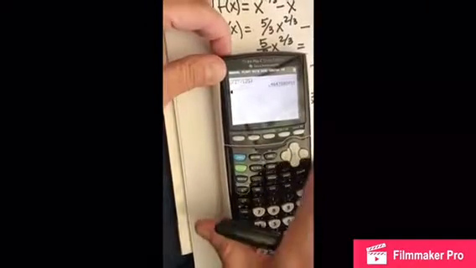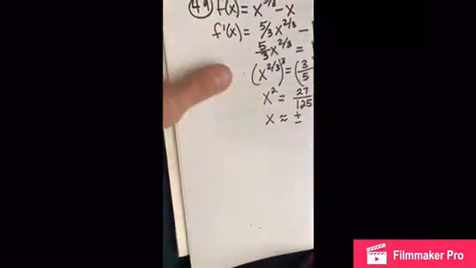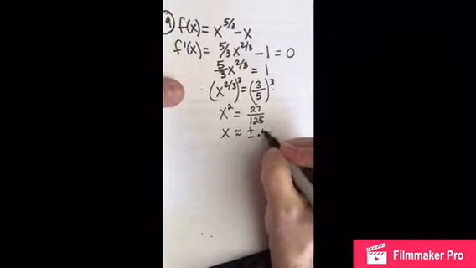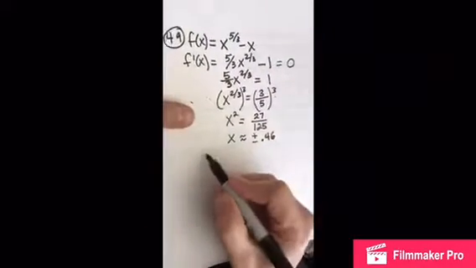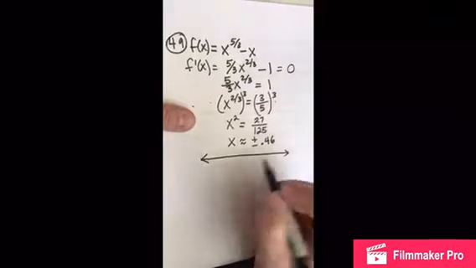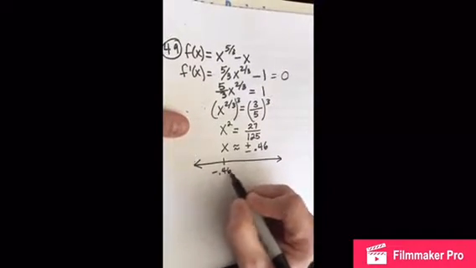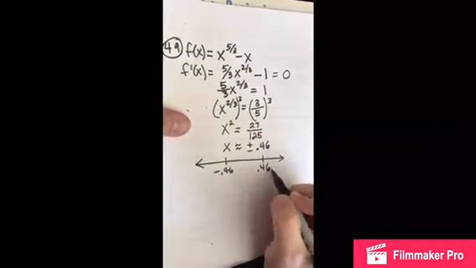It's approximately 0.46. So plus or minus 0.46. We can put that on the number line as our critical numbers, negative 0.46 and 0.46.